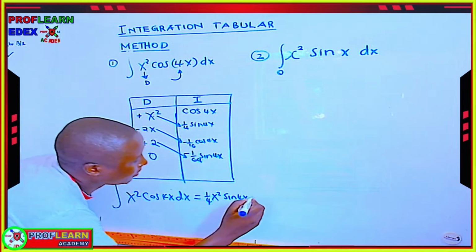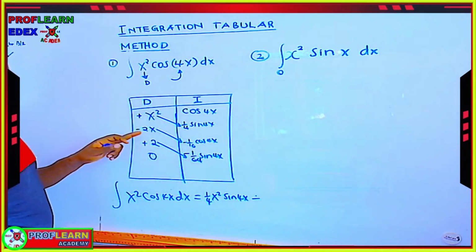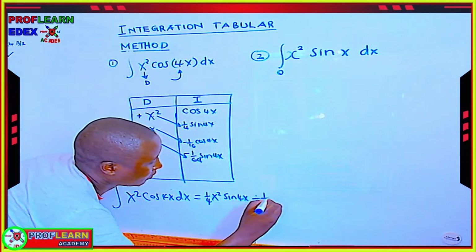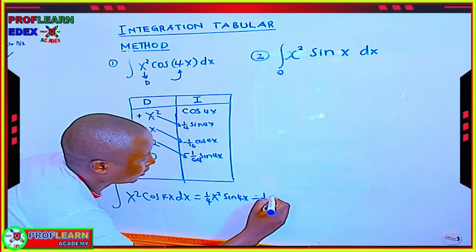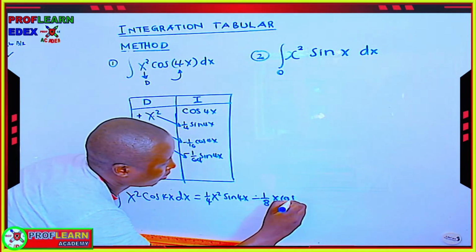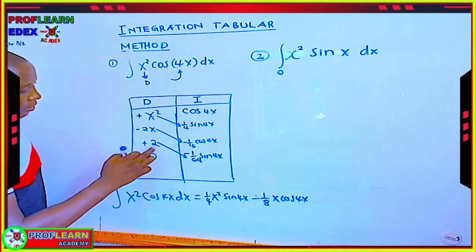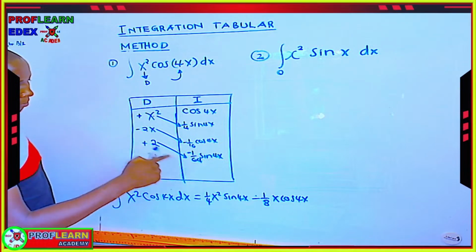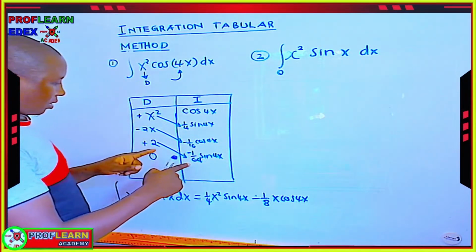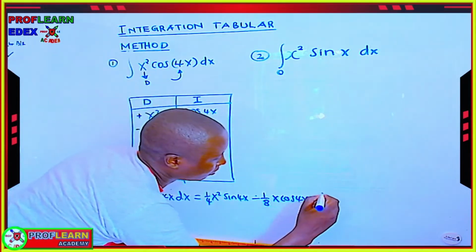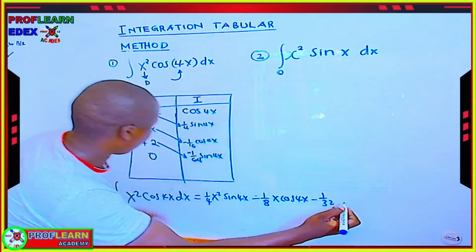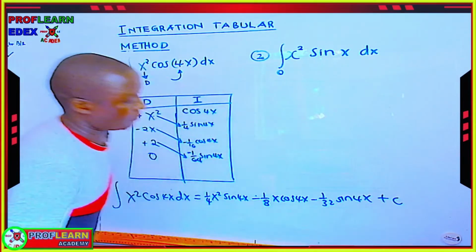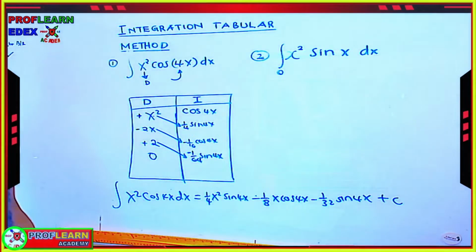This time it will be minus times a minus, so it will be positive: 1 over 8 x cos 4x. And this times this, since there is a negative here, will be minus 1 over 32 sine 4x, and then you shall say plus c. Basically, that's how you use the tabular method.